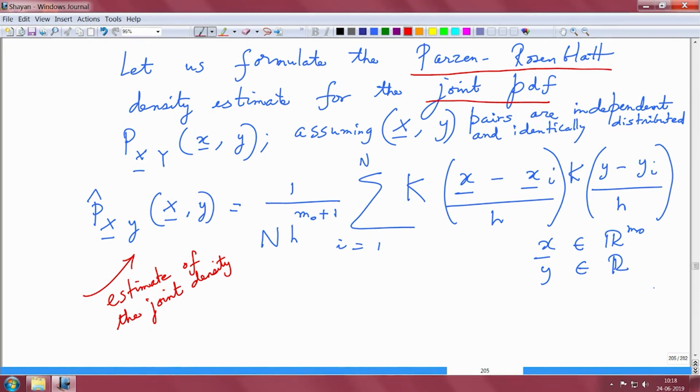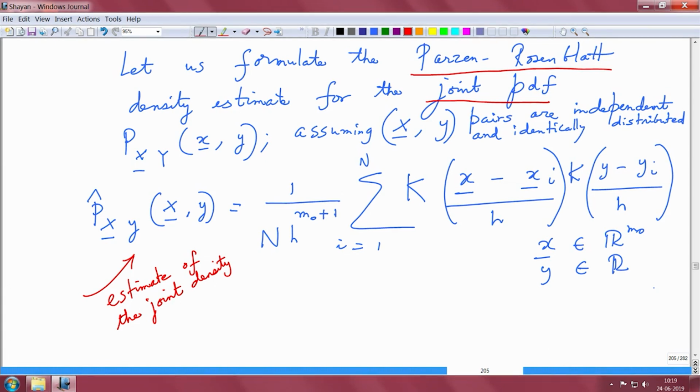Now, this is going to be summation i equals 1 to capital N, the kernel acting on the points x and the kernel acting on the points y. So, the same idea: K acting on x minus xi upon h, and then K acting on y minus yi upon h. y is a scalar, yi is the data point which is the observable, xi is your feature vector, and x is this continuous variable.